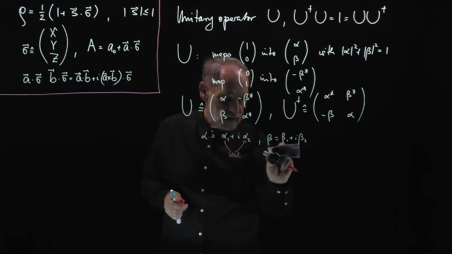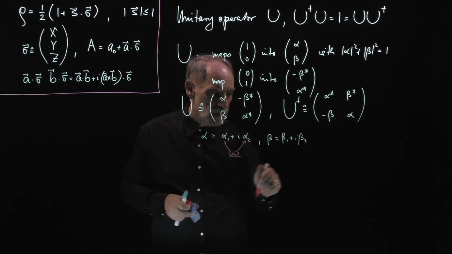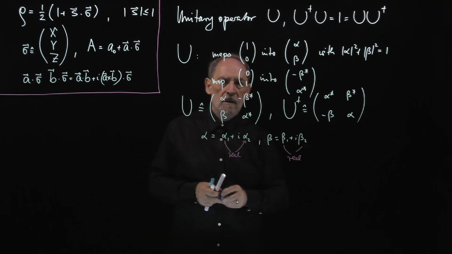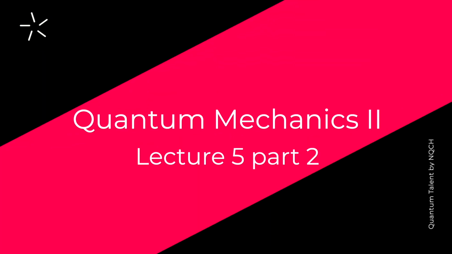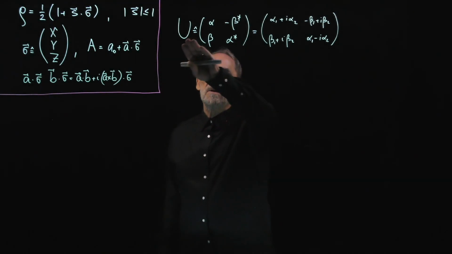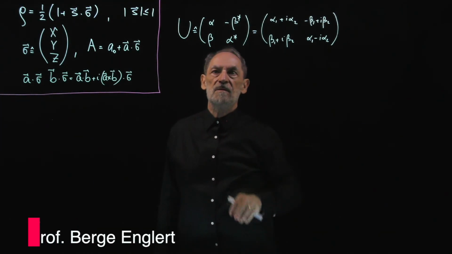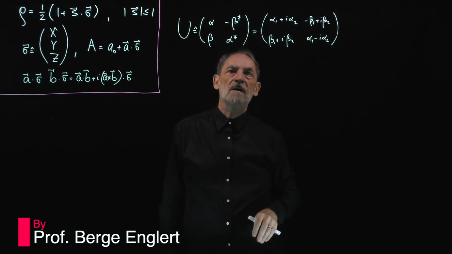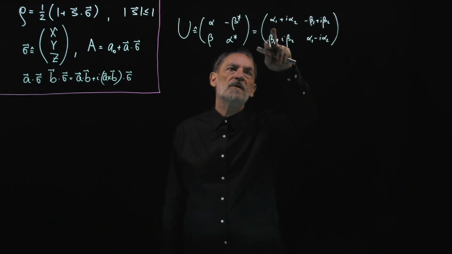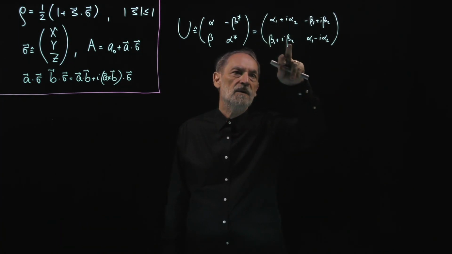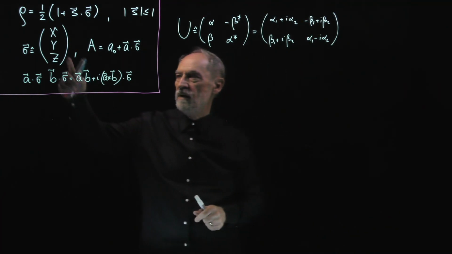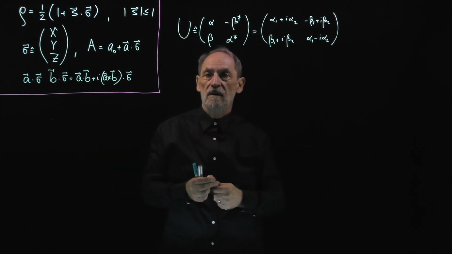This beta is complex. Beta 1 and beta 2 are also real numbers. So here is the unitary operator represented by this matrix that involves alpha and beta, and here I have written alpha and beta and their complex conjugates in terms of these real parameters alpha 1, alpha 2, beta 1 and beta 2. And now we can take this apart such that we recognize the ingredients of the sigma vector operator.